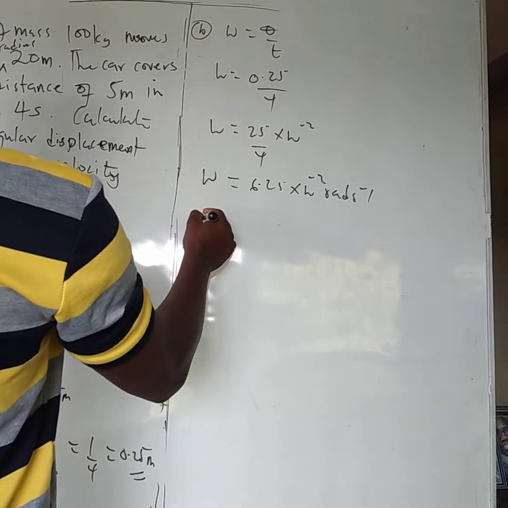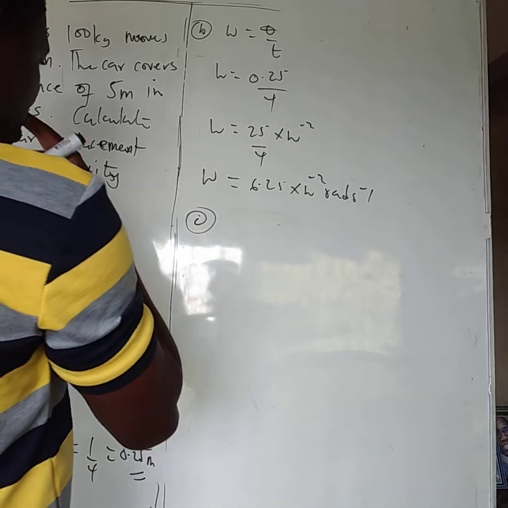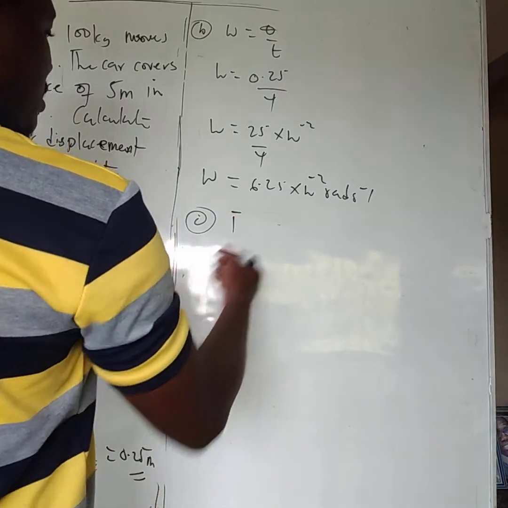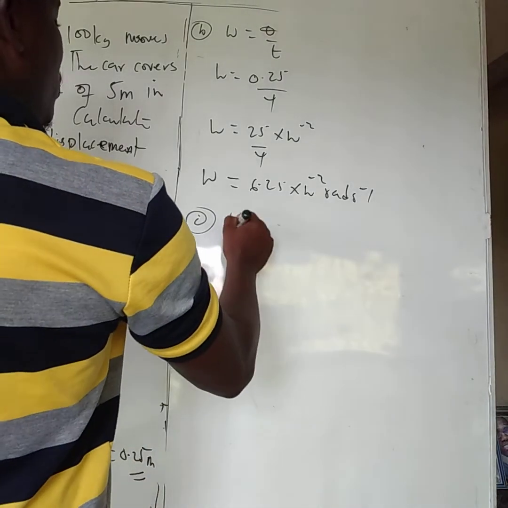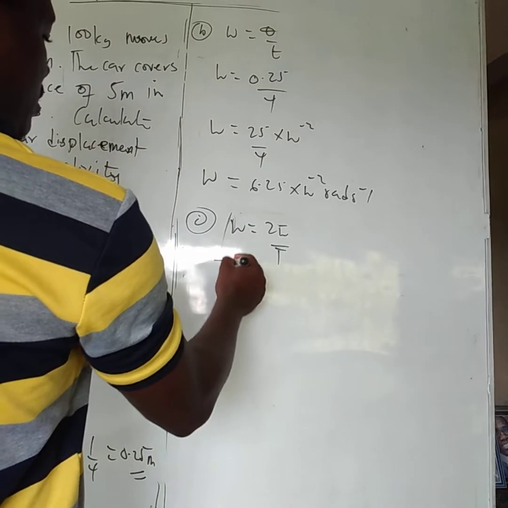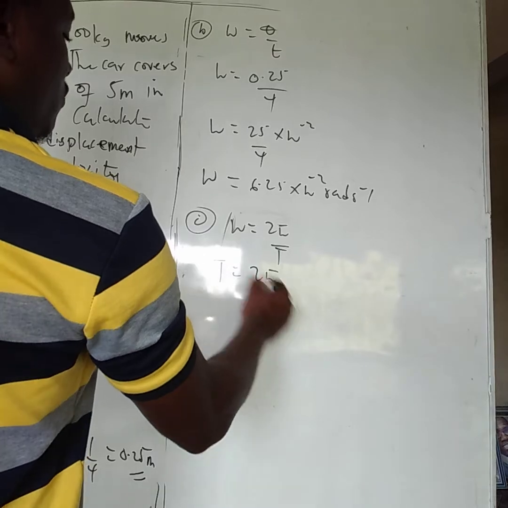Then the C aspect, we have to calculate the period of motion. Now the period of motion T has a relation with omega, but we know that omega is equal to 2 pi all over T. So T becomes equal to 2 pi all over omega.